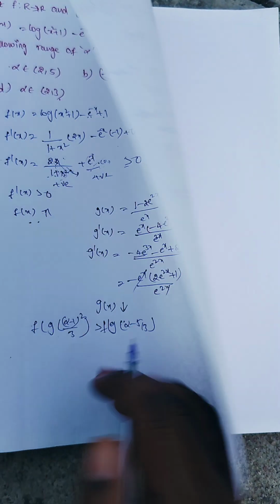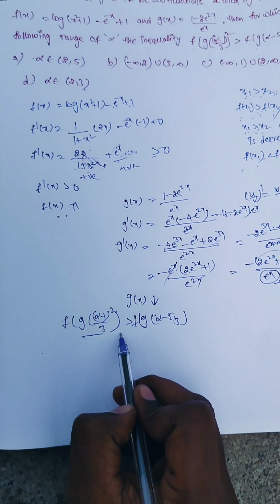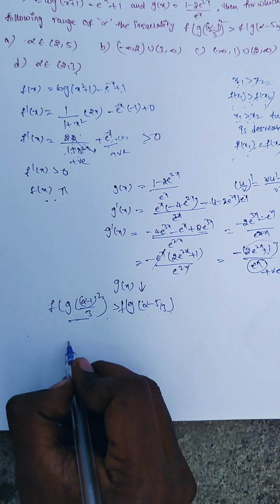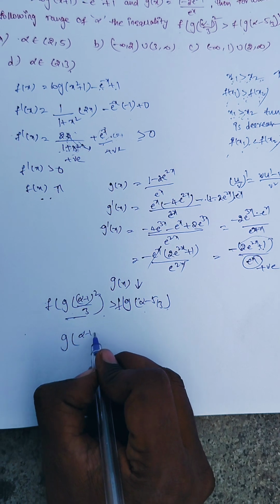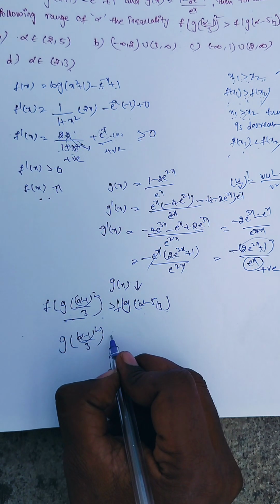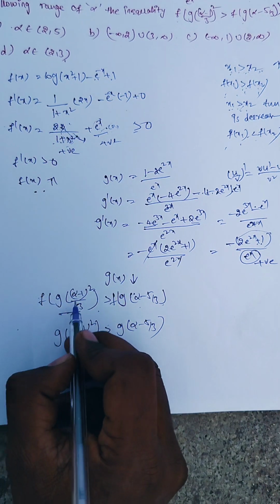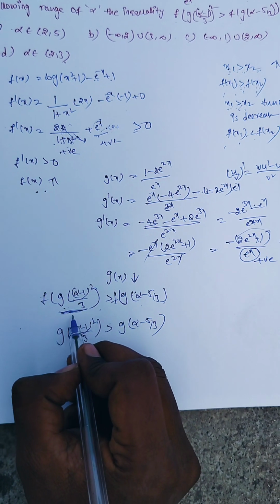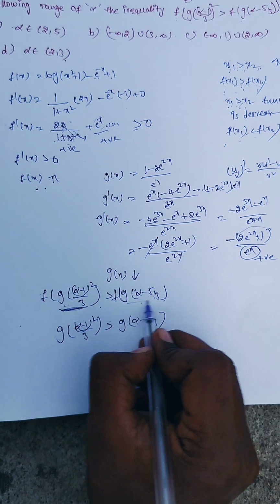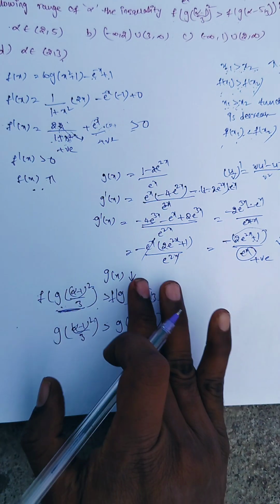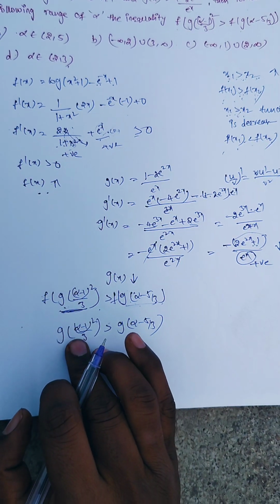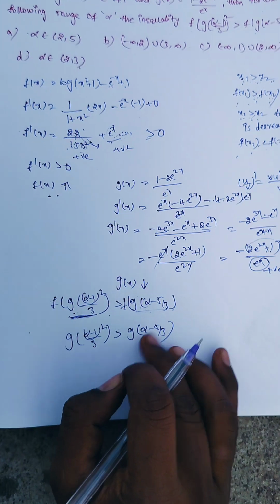Now f of x1 is greater than f of x2 means f of alpha minus 1 by 3 is greater than g of alpha minus 5 by 3. Just imagine this is x1, this is x2, f of x1, f of x2. We can write as x1 is greater than x2, the increasing condition.